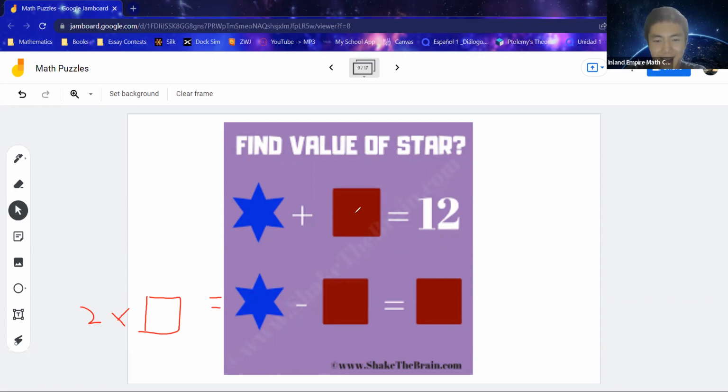All right, then. So how will we finish the problem? So since the blue thing is 2 of the red squares, you have 2 apples and you're adding another apple.